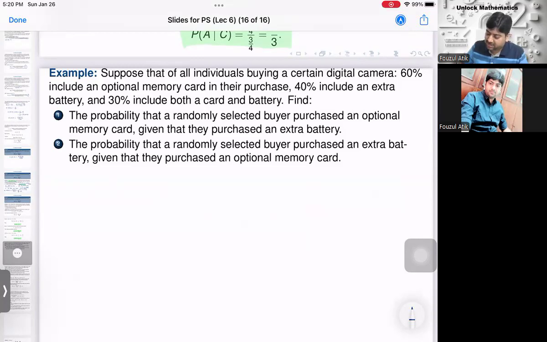So let us name all the events. Let A be the event that a buyer purchased an optional memory card, and B be the event that the buyer purchased an extra battery.